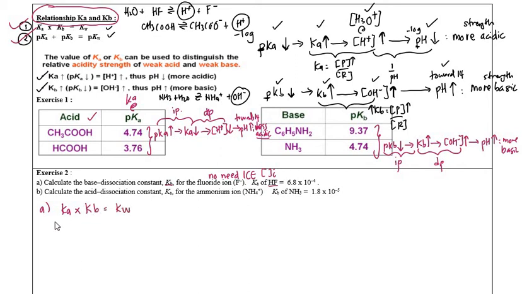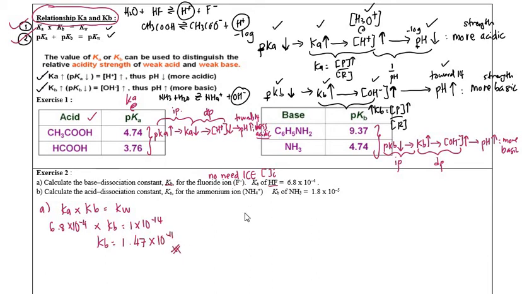What's the Ka value? 6.8 exponent negative 4 multiplied by Kb. What is the water dissociation constant? 1 exponent negative 14. You press the calculator and you will get the value of Kb, which is 1.47 exponent negative 11.